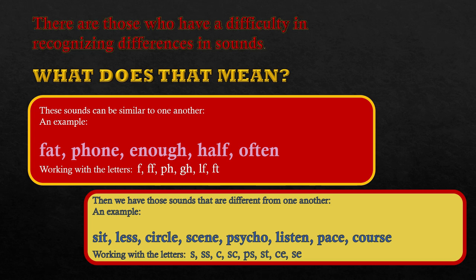Then we have those sounds that are different from one another. Example, some words: sit, less, circle, seen, cycle, listen, pace, course. Working with the letters S, SS, C, SC, PS, ST, CE, SE.